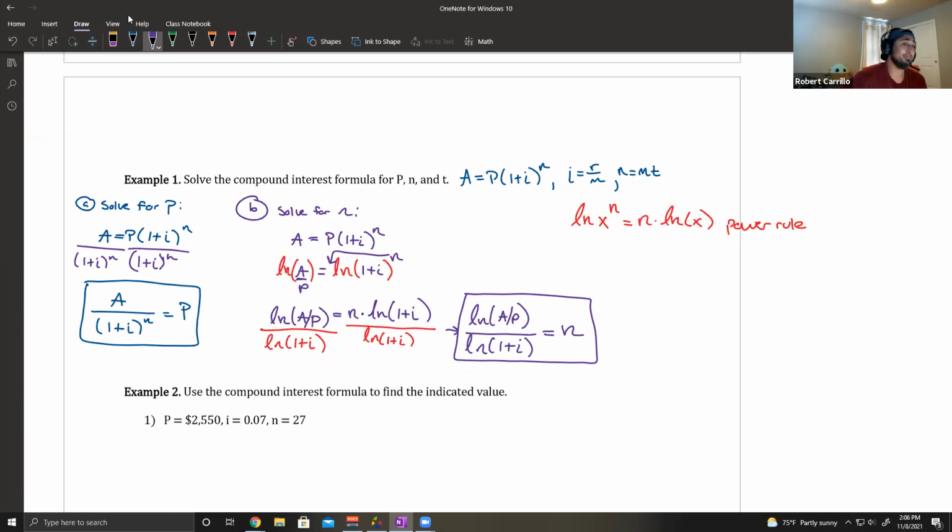And now the last part is to solve for t. So C, solve for t. Okay, well, here's where we're going to pick up.